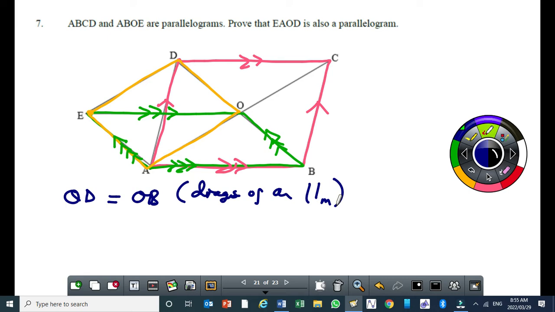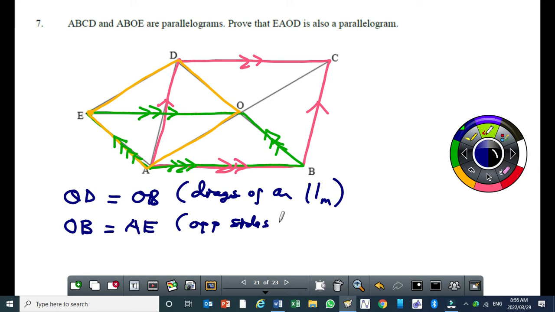Then we also say OD is equal to, what I write is this is supposed to be OB. Do you agree with me that OB is equal to AE? And our reason we can give it in terms of opposite sides of the parallelogram.